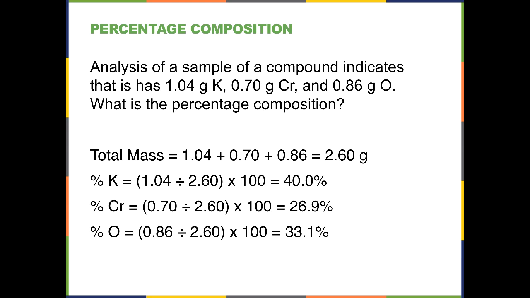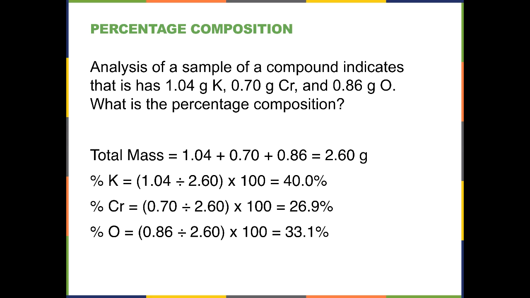First of all, you have to know the total for the compound, and it's 2.6. You just add up the three amounts. And then the percentage of each one is each single amount divided by the total times 100. So for potassium, it's 1.04 divided by 2.6 times 100.